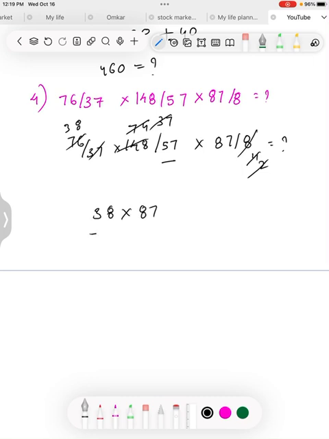Simply you can check it out. Six, right? With which you will get the 6.